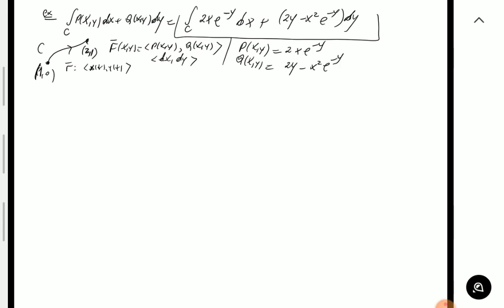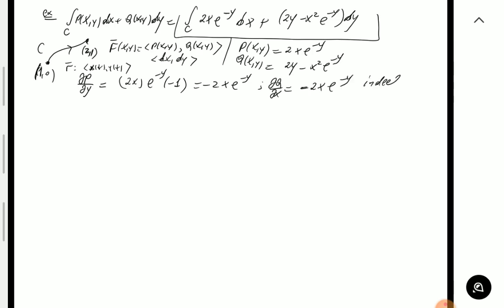Okay, so let's check to see if the vector field is conservative. We're going to evaluate dP/dy. So the partial with respect to y, that's 2x e to the minus y, and then with the chain rule minus 1, so that makes it minus 2x e to the minus y. And then dQ/dx: 2y disappears, e to the minus y is a constant, so that's just minus 2x e to the minus y.